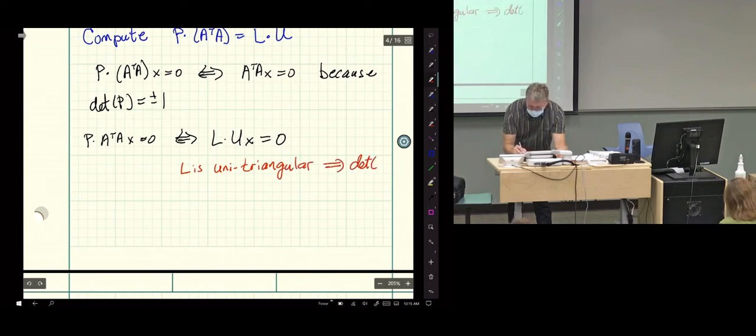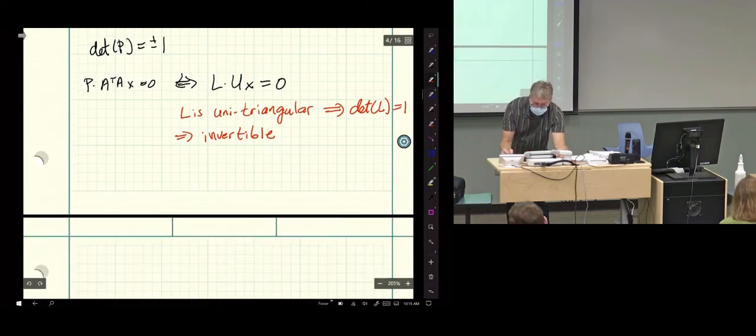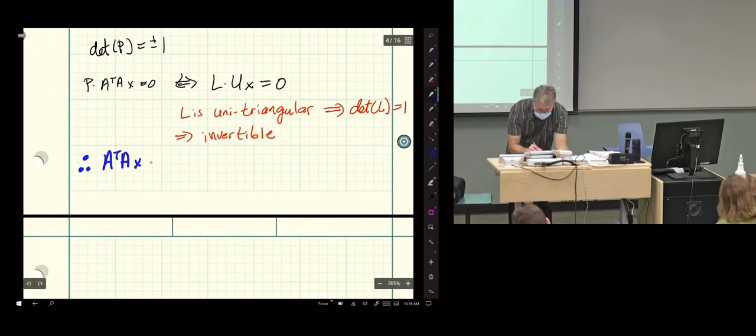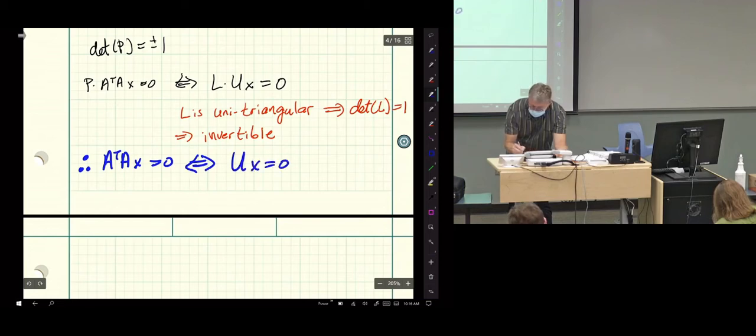So the determinant of L is always equal to 1, so it's invertible. So we get down to the end that A transpose AX equals 0 if and only if UX equals 0.